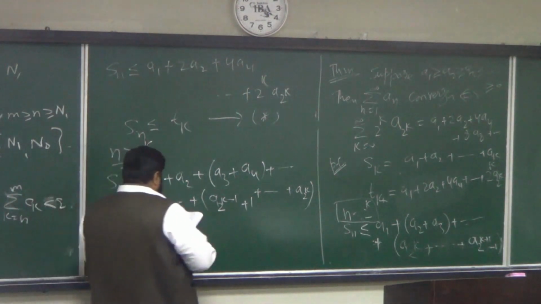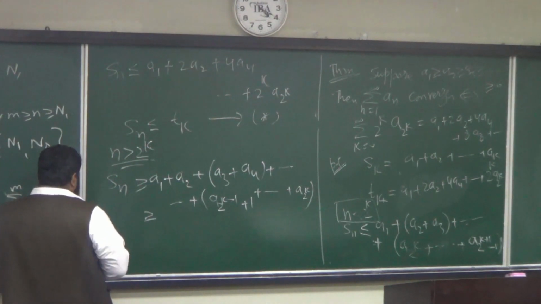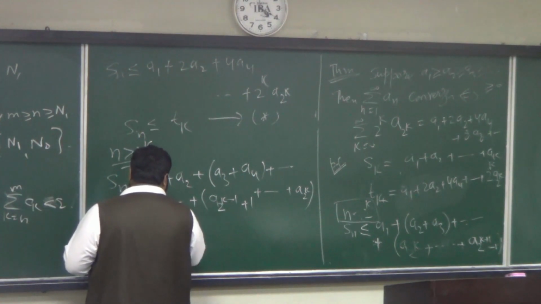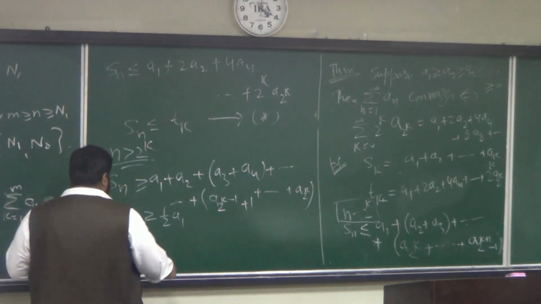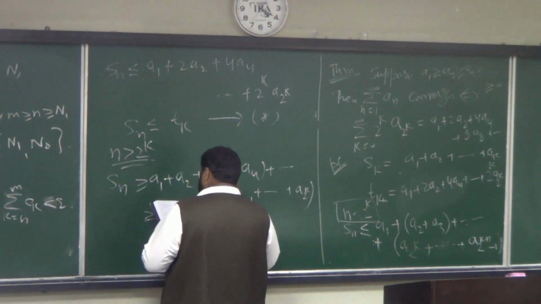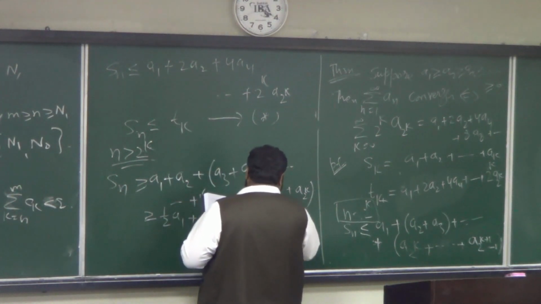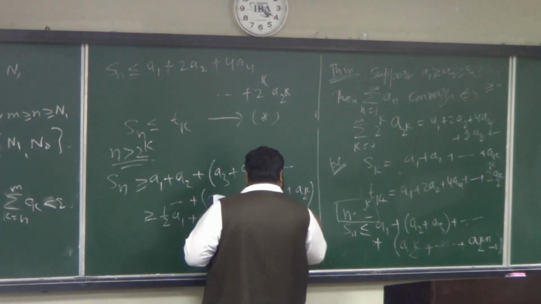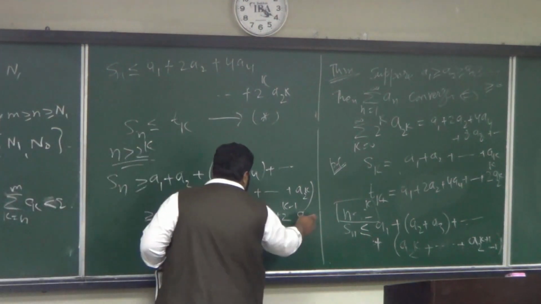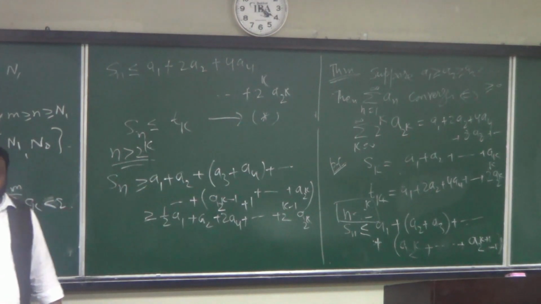So here's the point actually. If our given sequence is a decreasing sequence, then this should be true: the first term is bigger than or equal to 1 over 2 times A1 plus A2 plus A4 plus A8 and so on up to A of 2^k. Why is Sn greater than this expression?